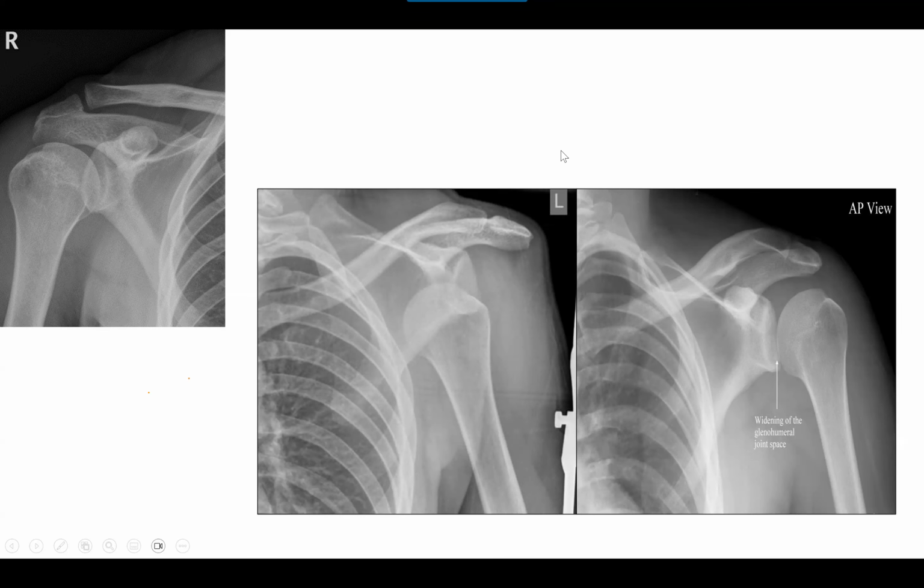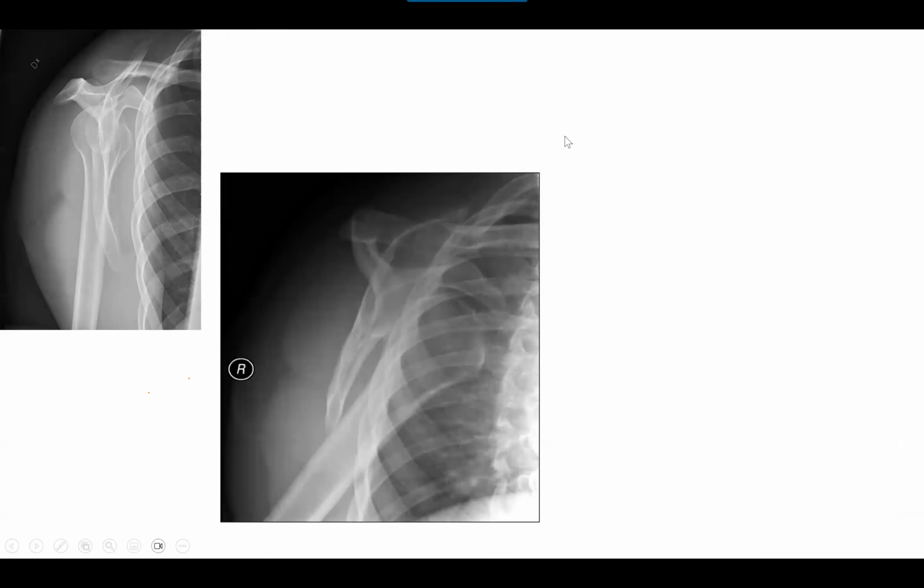Okay, doctor, the clinician wants another view to confirm. No problem. We have multiple additional views, like the Y view. Why do we name it Y? Because it mimics the letter Y: the scapular blade, the anterior part or coracoid process, the spine of the scapula, and the acromion process. The humeral head is superimposed on the glenoid fossa immediately in the center.